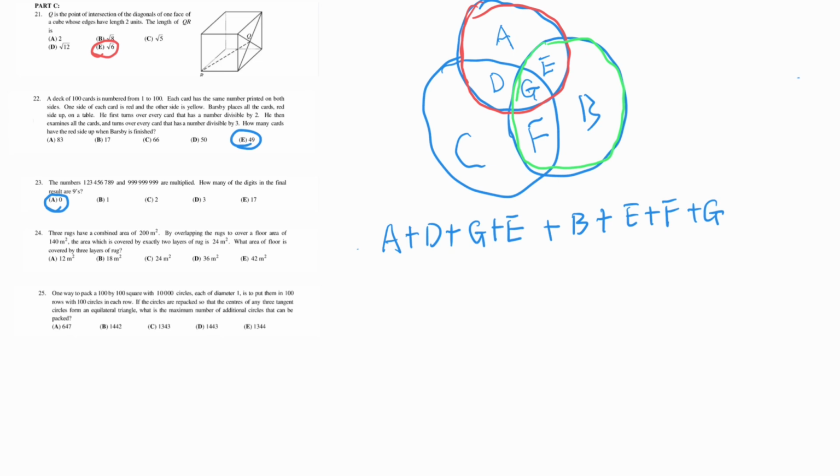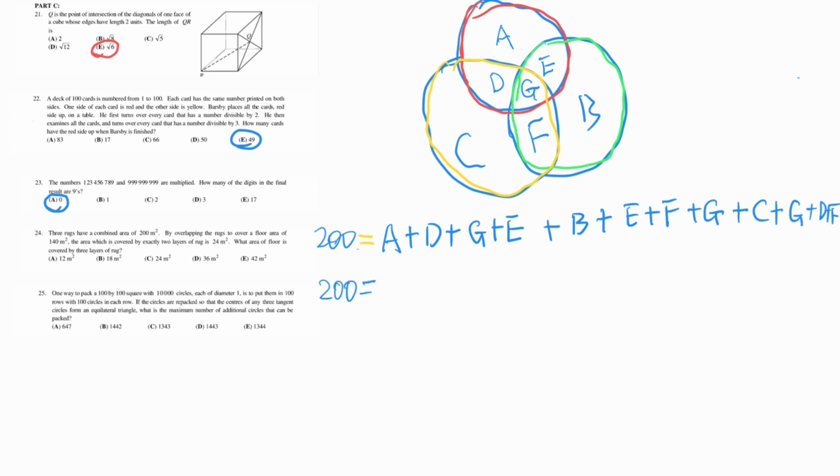And now we have the last rock, that's C plus D plus G plus F. That's the yellow circle part. So the combined area is 200. That's the first given. Now let's simplify.